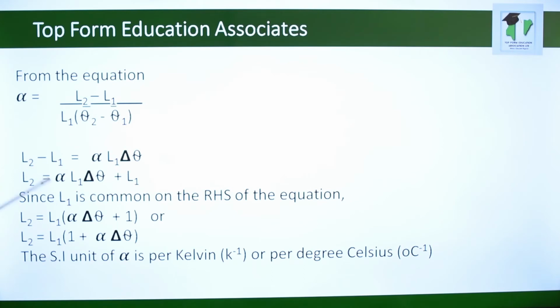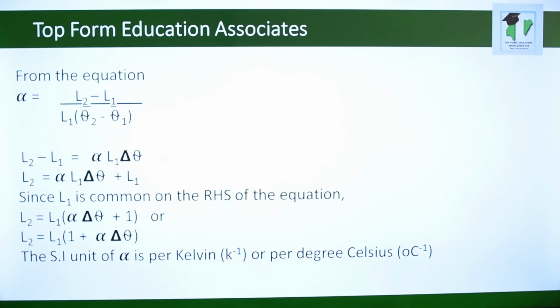And from the equation, we'll have it that alpha is equal to L2 minus L1 over L1 times theta 2 minus theta 1. From this equation, we want to get our L2, meaning the final length. In case you're asked to get the final length, how do you get the formula to solve that? If you cross multiply here, you have L2 minus L1 is equal to alpha times L1 times theta 2 minus what?